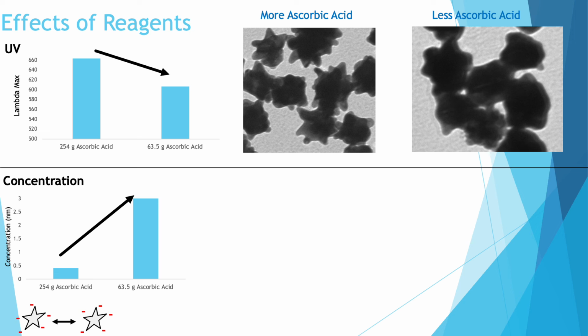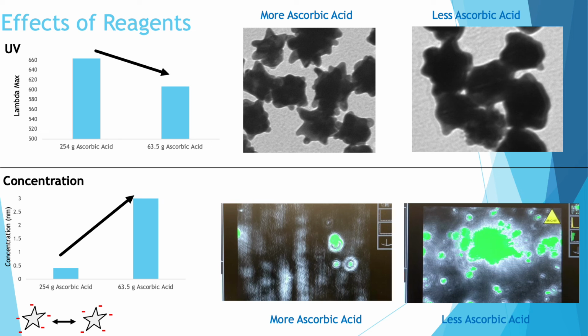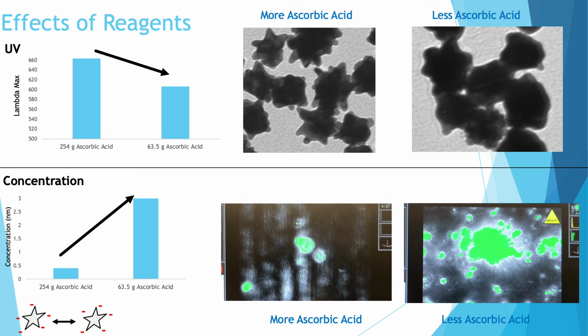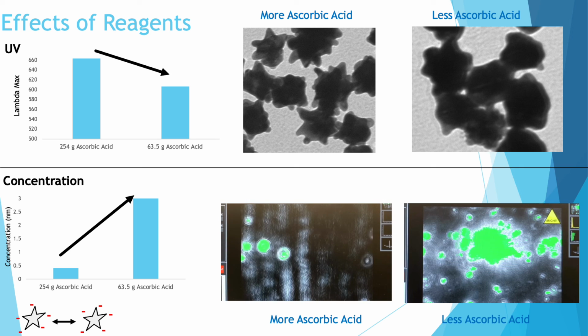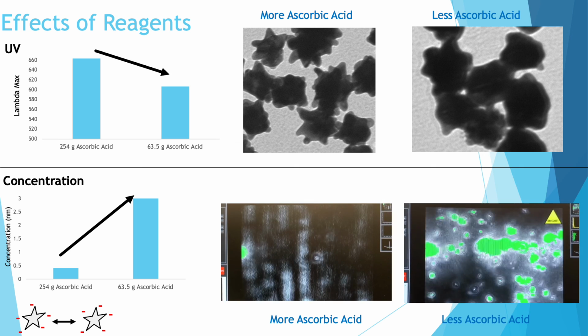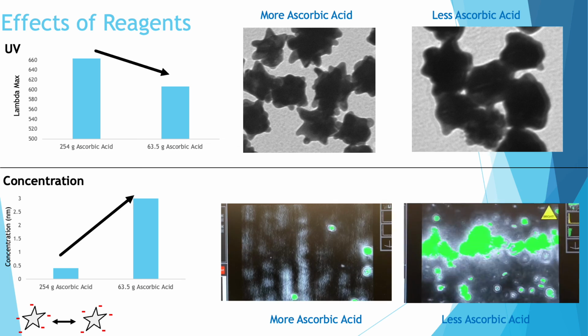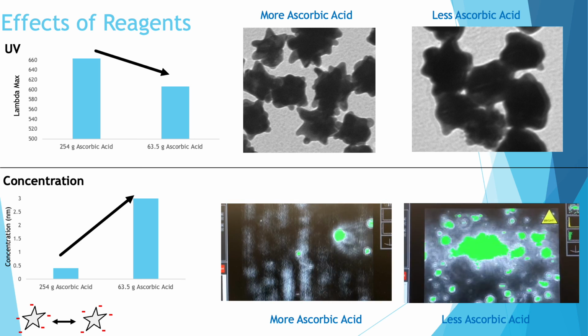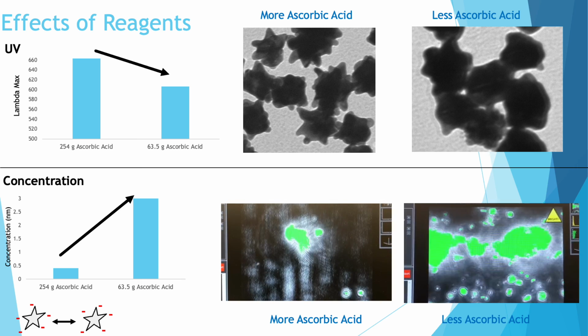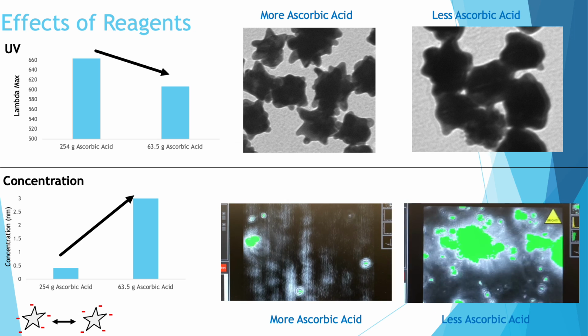As we can see with this trend, the lower the amount of ascorbic acid, the higher the concentration, as there is less of a negative charge on the stars. And then in these two videos, we can see that the concentrations are greatly different. With more ascorbic acid compared to less ascorbic acid, we can see just how many more stars there are in a batch with the less ascorbic acid because of that lessened negative charge.